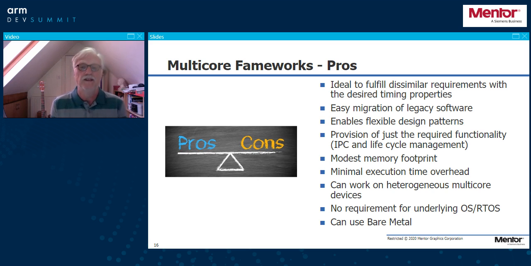The key thing is that it can work on a heterogeneous multi-core device. We do not require any similarity between the cores. And there is no requirement for an underlying OS. You can use bare metal if that suits you. It's relatively unlikely that a sophisticated application will need to run components on bare metal, but if you need that last bit of performance, it's an option.